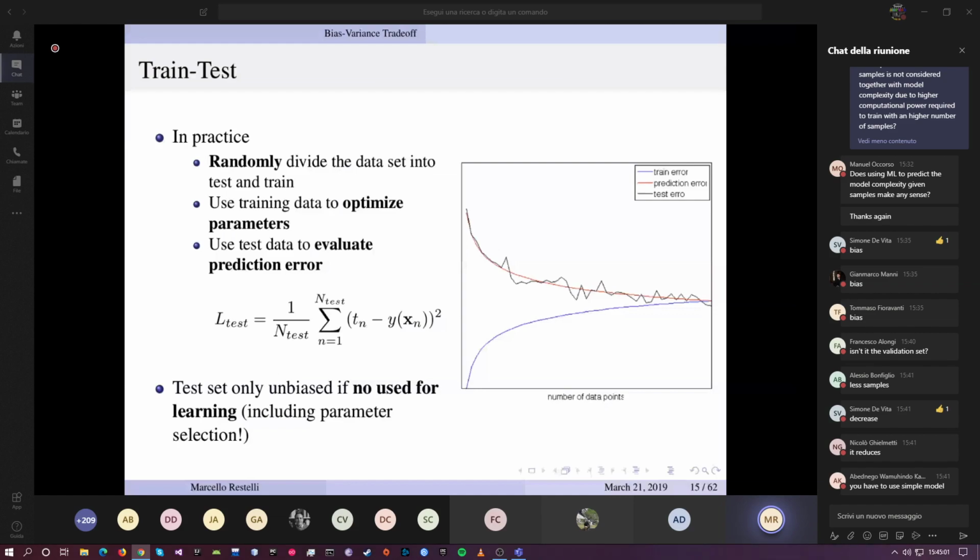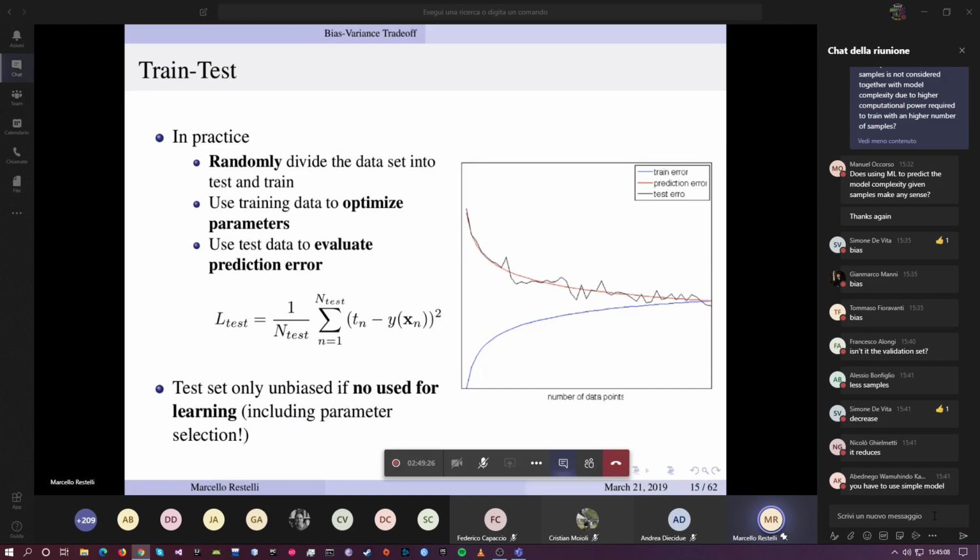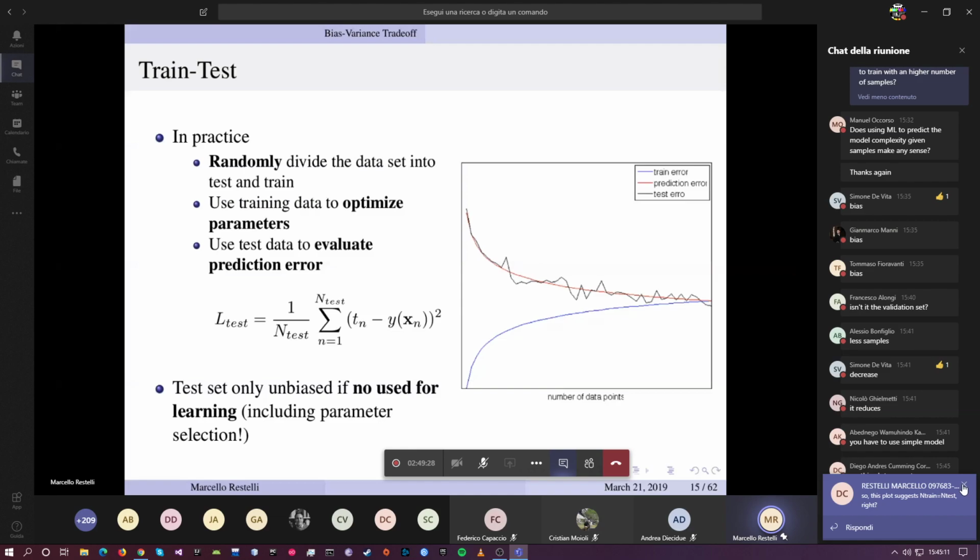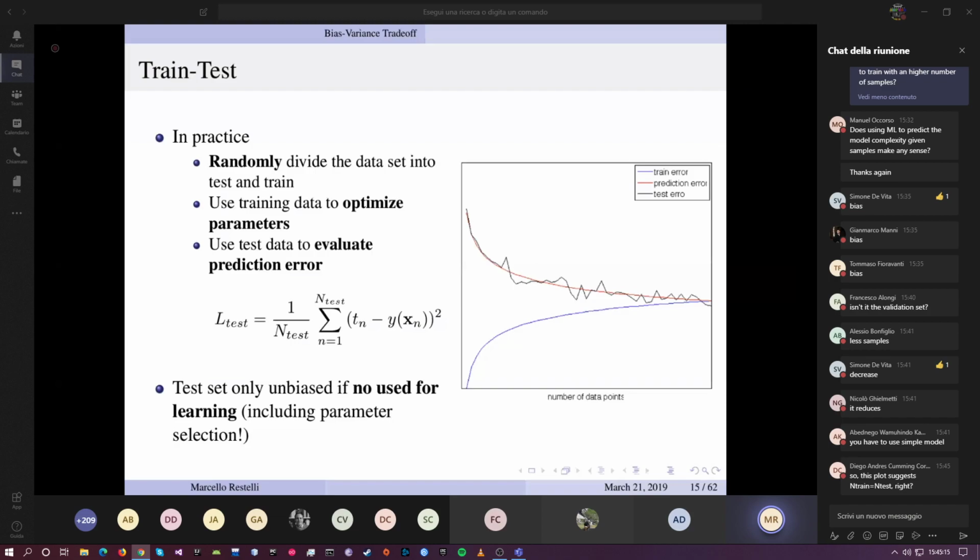On the other hand, while I increase the number of samples, the prediction error always decreases. The more samples you have, the better the prediction error, because increasing the samples reduces the variance. And so, at a certain point, the red line will go down until it reaches the bias, that is the minimum that the error can achieve without changing the model complexity.